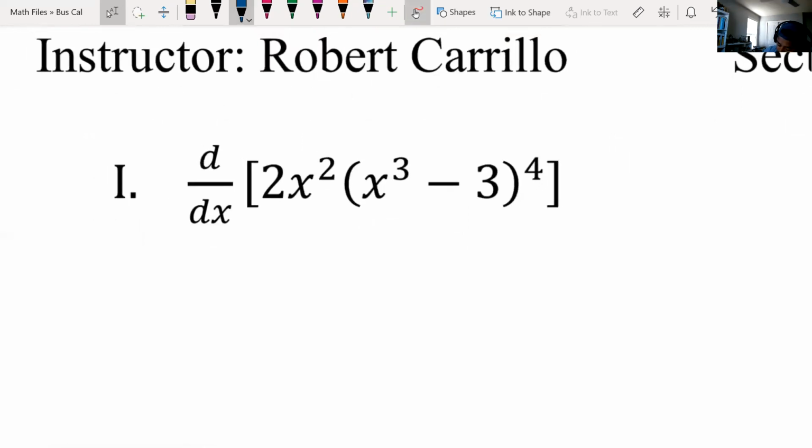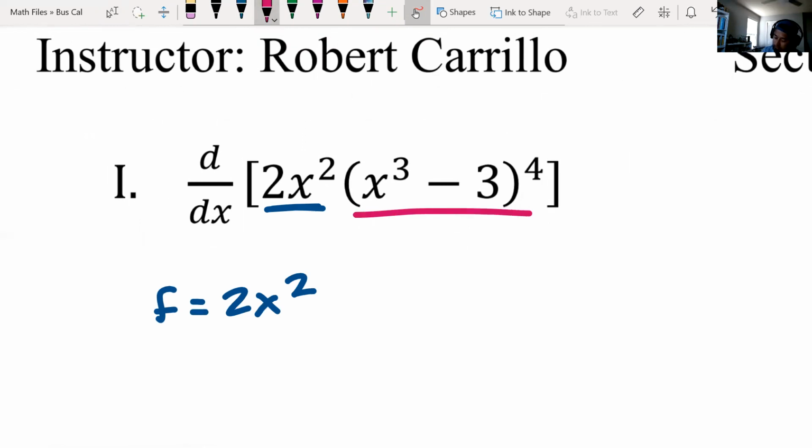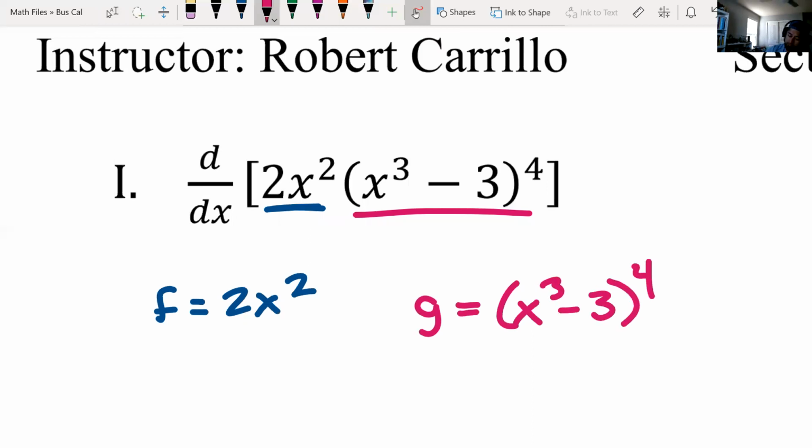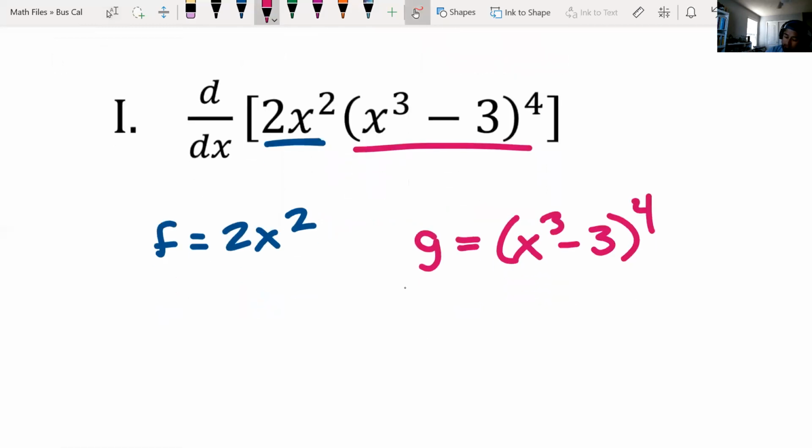So this first function will be f. The next function is g. And now take the derivative of f and g.